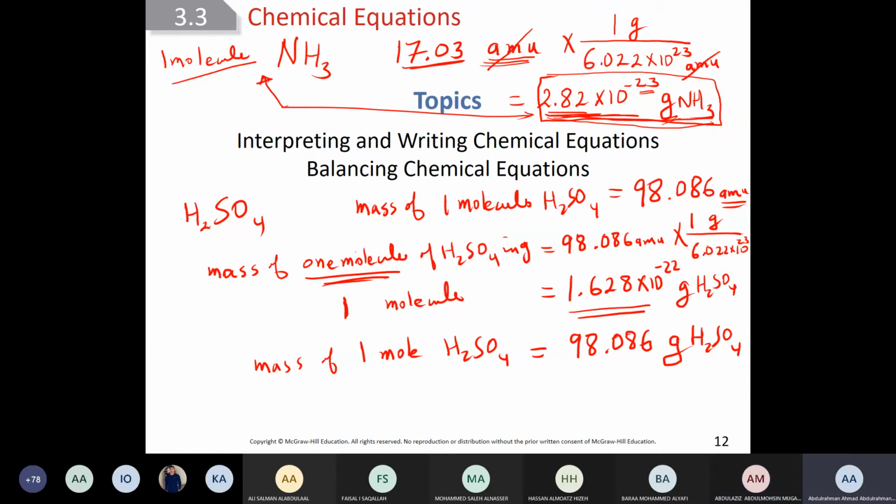Are you going to add all the protons and the neutrons, all of them available in N and H? If we multiply by the mass of a proton, we're going to get the same number.